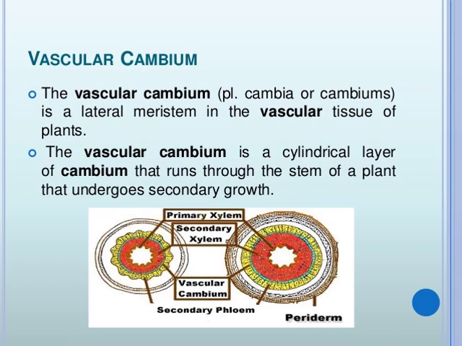This vascular cambium is associated with the secondary growth of plant, as these cells divide and multiply and increase the girth of plant and play a very important role in secondary growth.